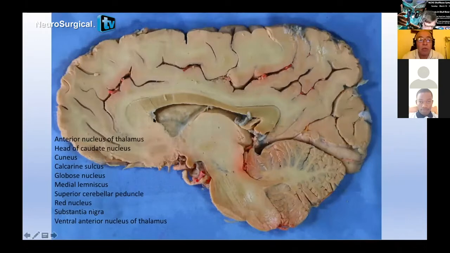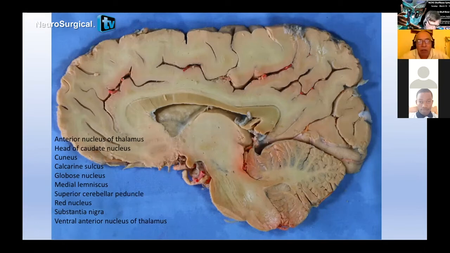For example, here we have the anterior nucleus of thalamus, the head of caudate nucleus, cuneus, calcarine sulcus, globose nucleus, medial lemniscus, superior cerebellar peduncle, red nucleus, substantia nigra, and ventral anterior nucleus of thalamus. But where are they?